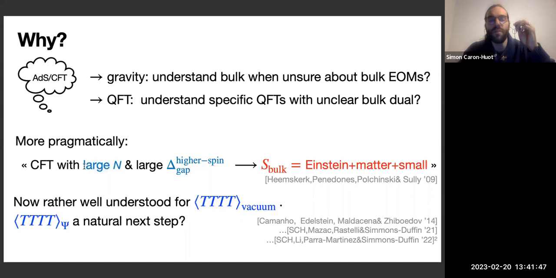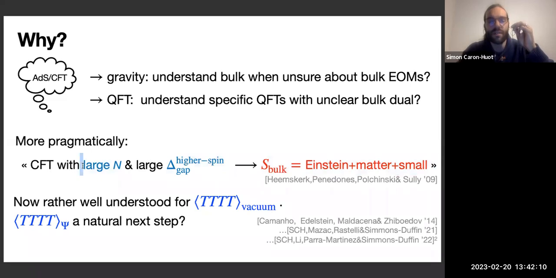And this is supposed to happen in theories that satisfy these general criteria. And the higher spin gap is essentially controlling the mass of, for example, string states in the bulk, where you no longer have a local description.